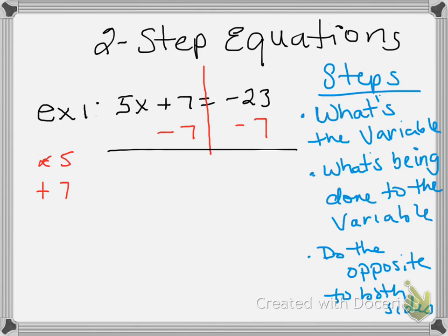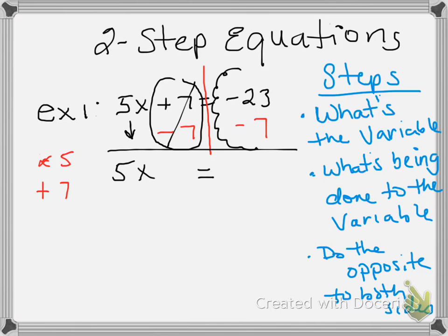Now, I have done the process already for the first step. Now I'm just bringing it down. So I'm going to bring down 5x. If you remember, this is what we called a zero pair, so you just cancel it out. We bring down our equal sign, and now this is the area that you have to really watch out. Remember we were adding and subtracting, so if you look, I got a negative 23 and I got a negative 7.